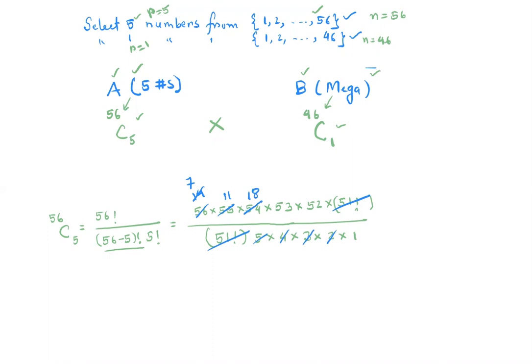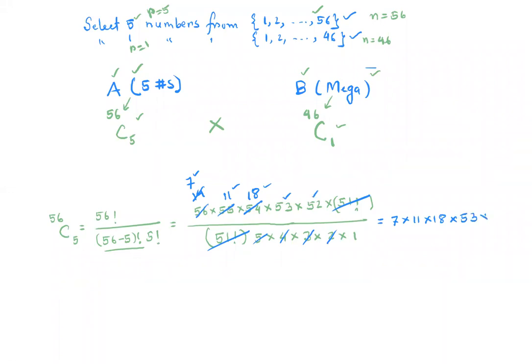So everything is cancelled out in the bottom. On the top you have 7, 11, 18. So 7 times 11 times 18 times 53 times 52.